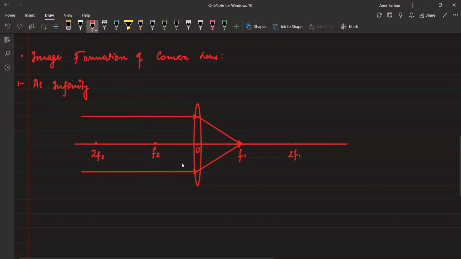So that's why this lens is called the converging lens. As you can see, this lens has the ability to converge. It means to direct the rays at focus. Okay. So your object is at infinity.